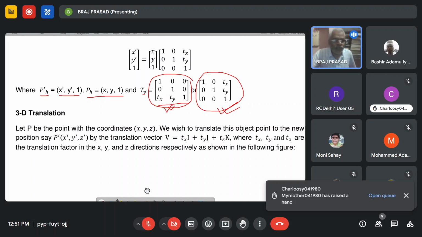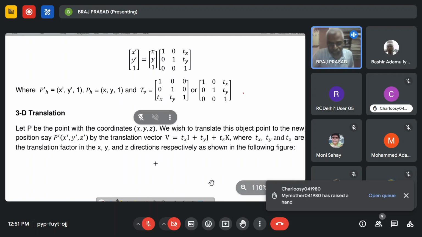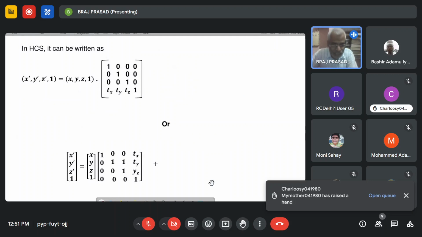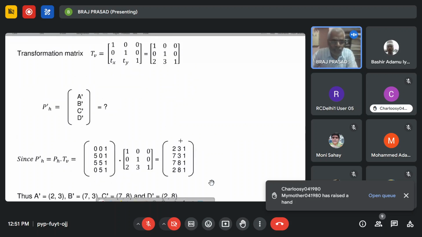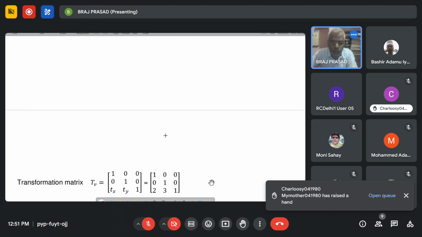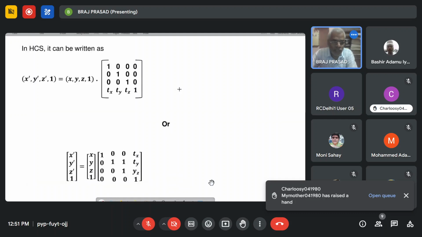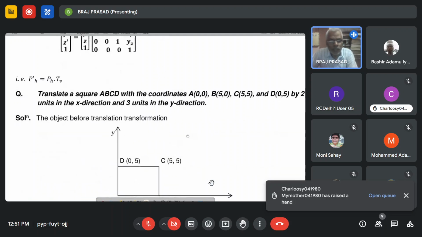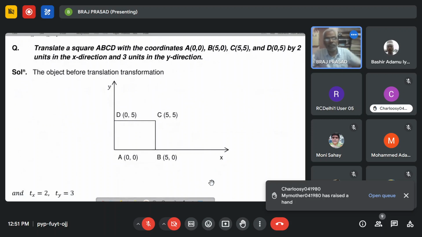This is the concept of 2D, but in case of 3D, we will introduce one row and one column extra, and we will discuss it later. Before going to discuss 3D, we take an example of how we will calculate the coordinate of any object by using this translation.